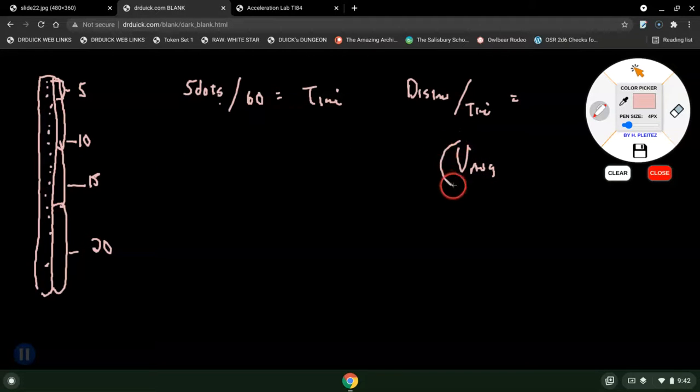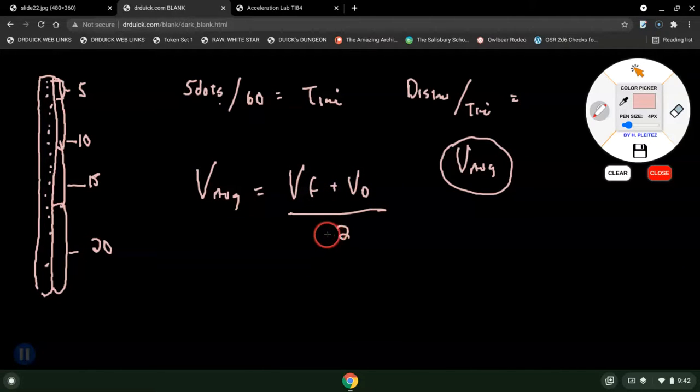So to get your final velocity, we know that V average is equal to our final velocity plus our original velocity divided by 2. We just simply take the 2, put it up to here. So that's going to be 2 times our average velocity. And if we're starting from 0, we can drop that.